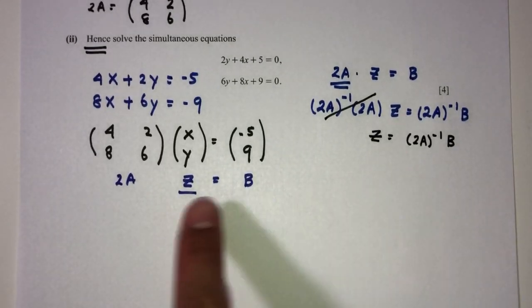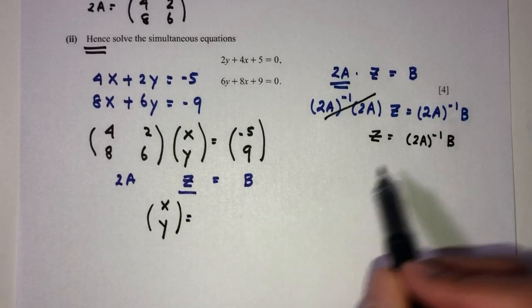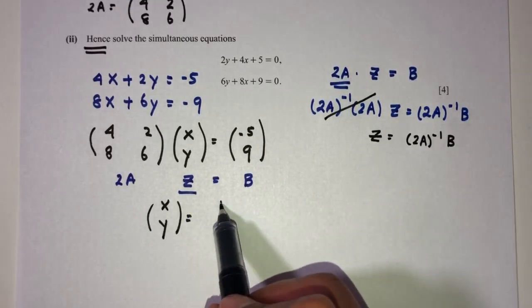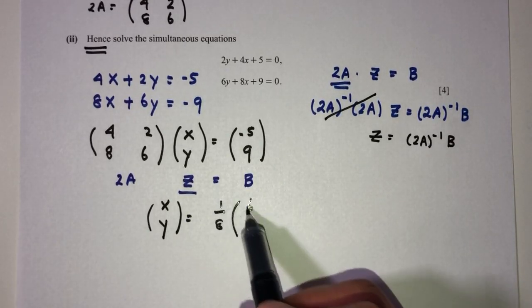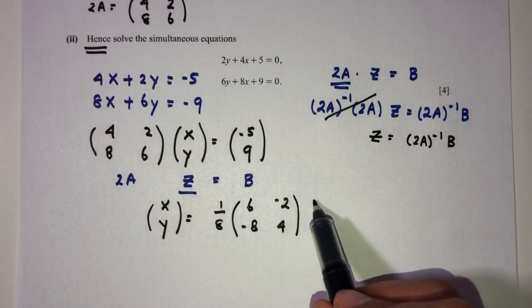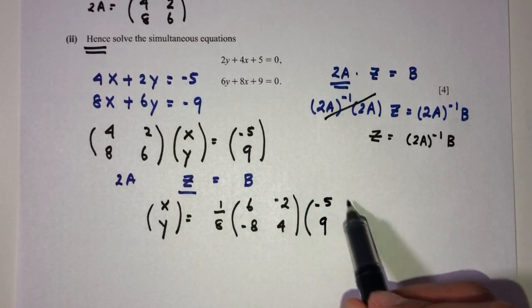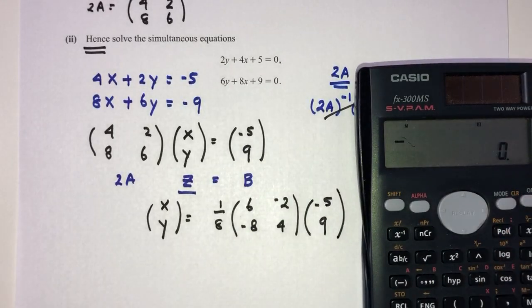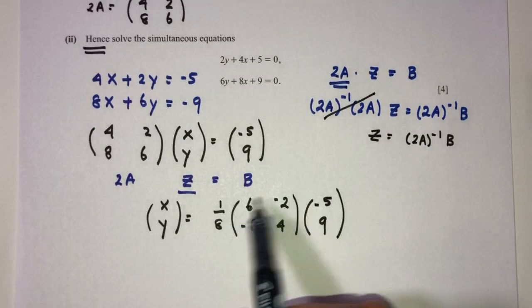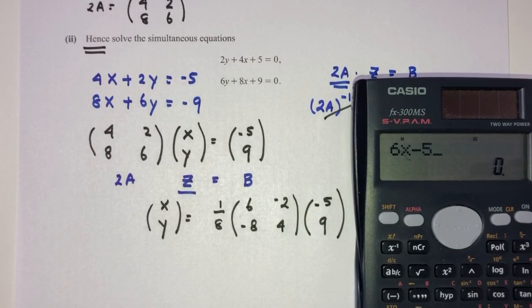So we need to find the value of z here, which is x, y equal to 2A inverse, which is 1 over 8 times 6, minus 8, minus 2, 4, and times b, which is minus 5, 9. Simplify. Matrix multiplied by rows by column. So rows will be 6 times minus 5 plus minus 2 times 9.